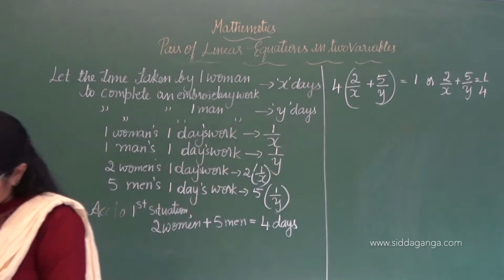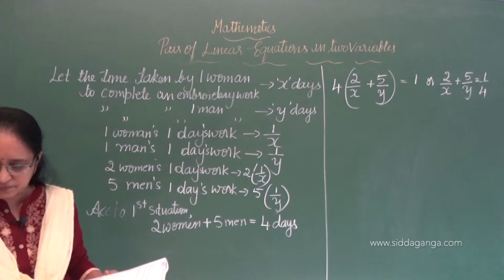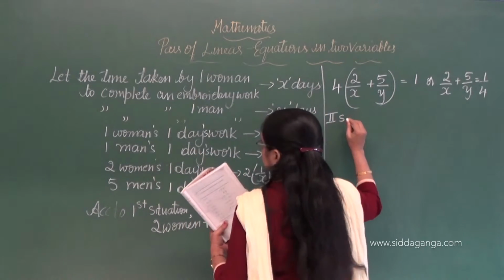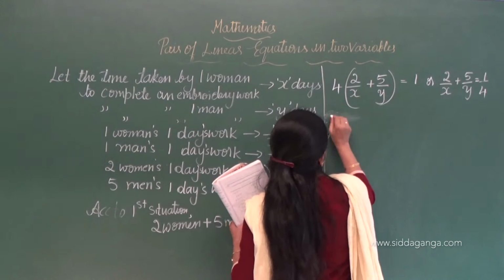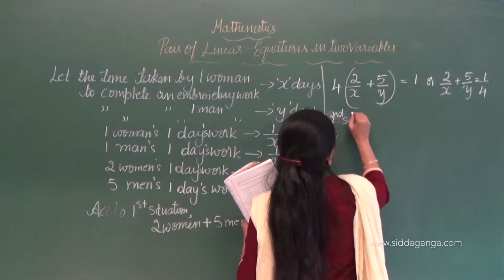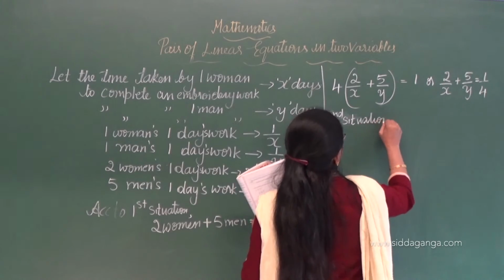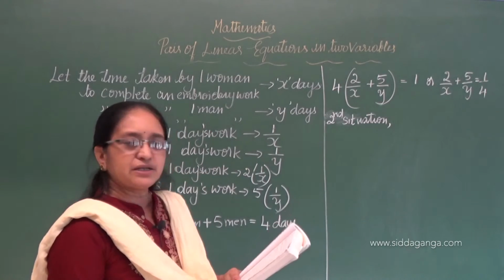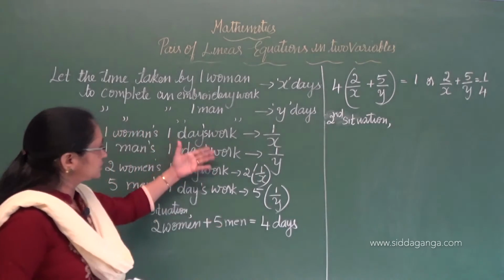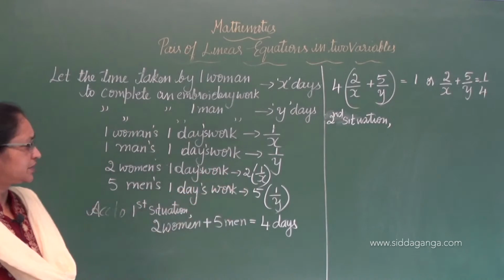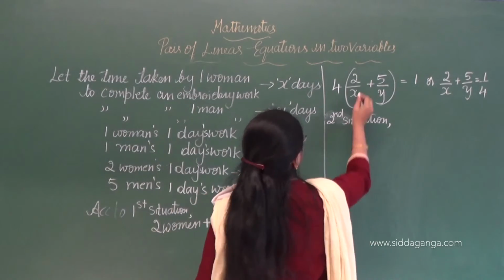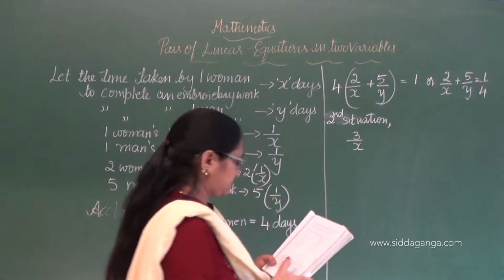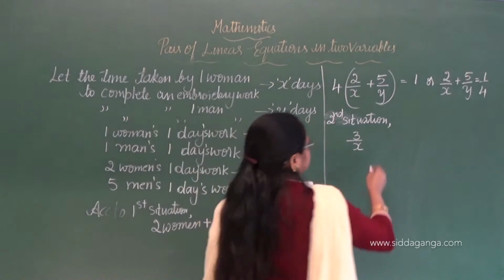Next, the second situation. How many men and how many women? Just see, 3 women and 6 men. Now you know the 1 day's work, so I will write directly 3 women and 6 men.